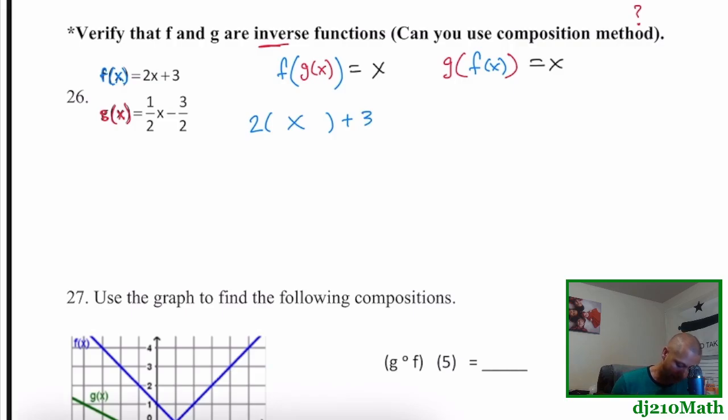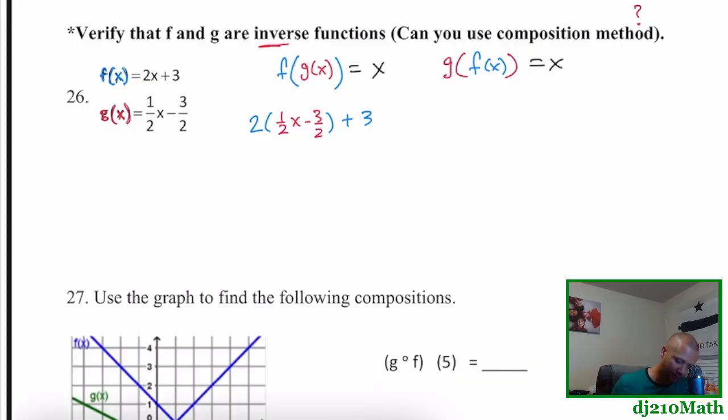But I don't want x. I want to substitute g of x into x. So I'm putting g of x here. But what is g of x? G of x is 1/2 x minus 3/2. That is what g of x is.